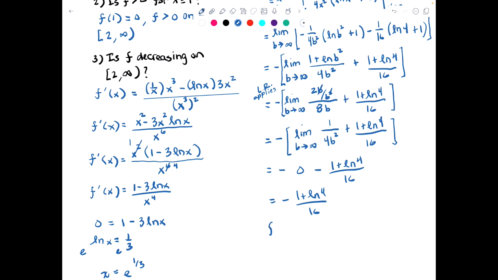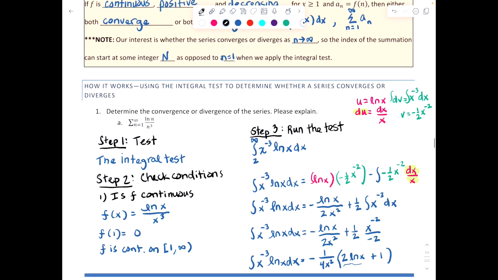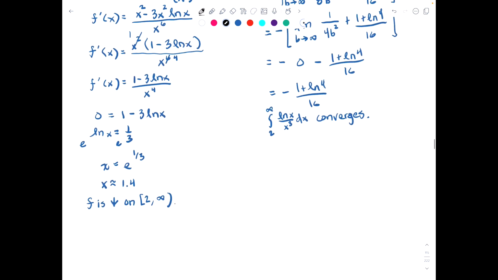So the integral from 2 to infinity of natural log of x over x cubed with respect to x converges. And the last step is our conclusion. We did all the work. So now what are we on? Step 4.